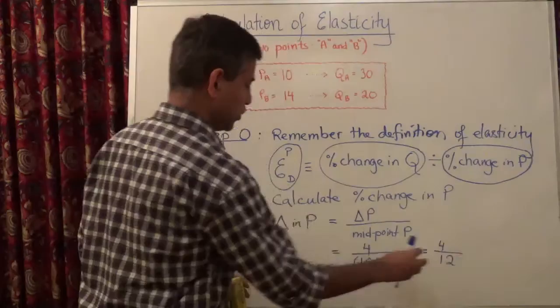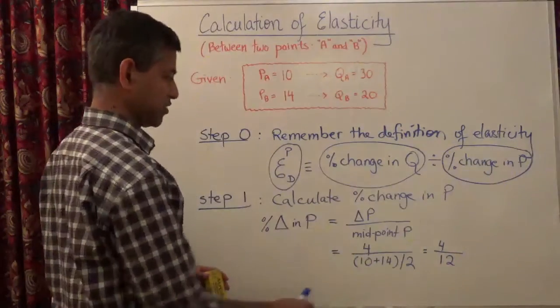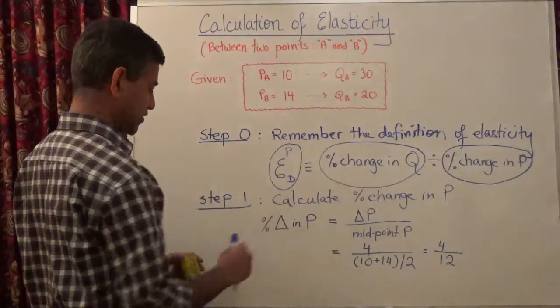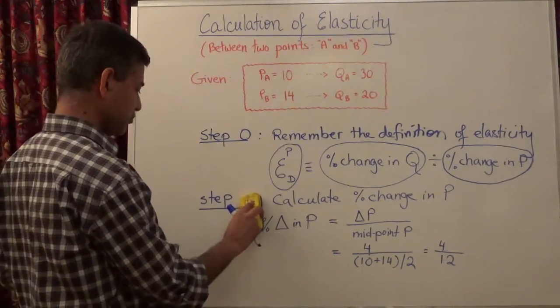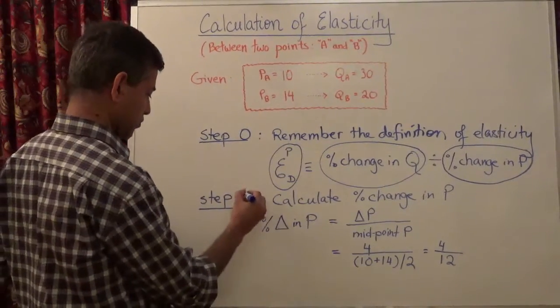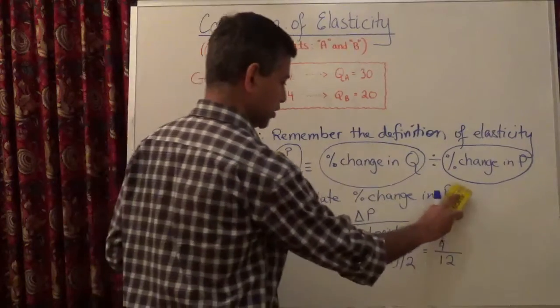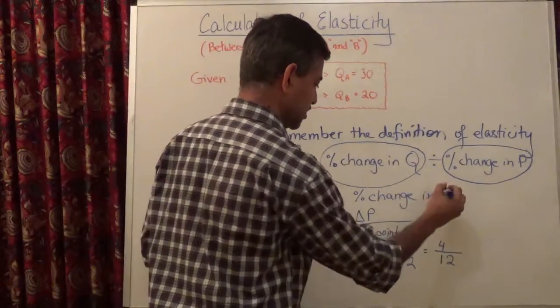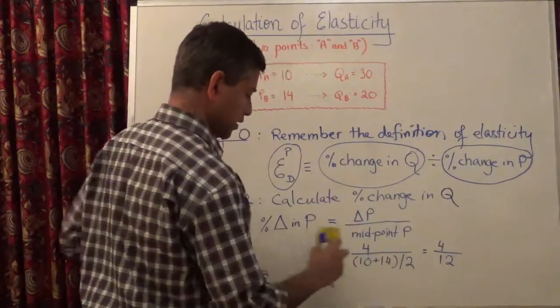So this is what we have for the percentage change in price. So we have that. Now we will do that as step 2, where we are now looking at percentage change in quantity.